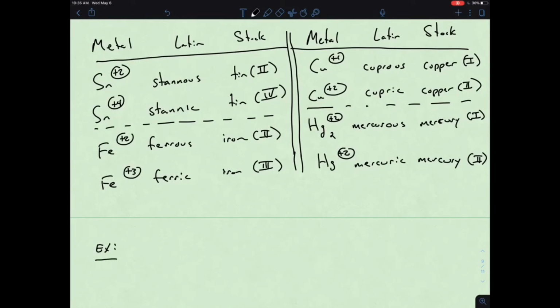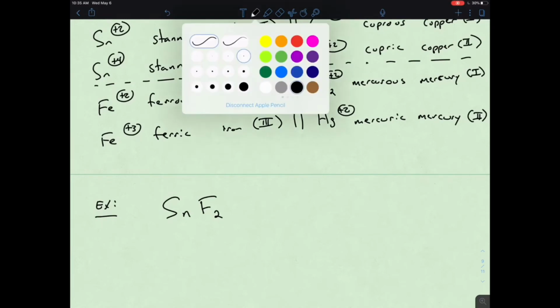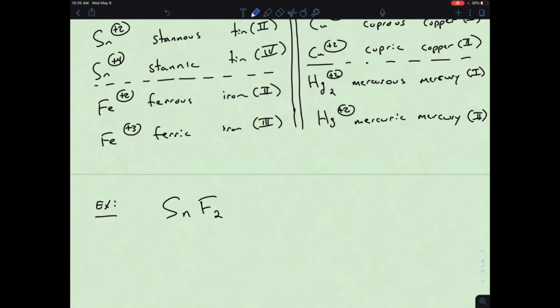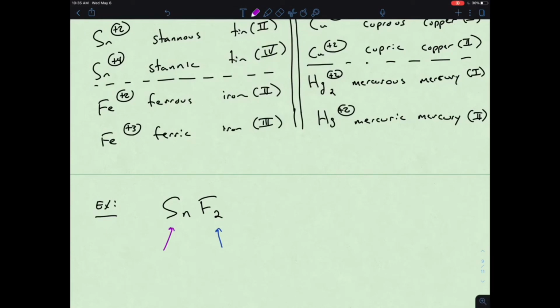So we just have to be doing the same process. It's maybe a little bit different in the sense that I really want to start with the nonmetal. So maybe a better way to represent that would be, here we have a transition metal.